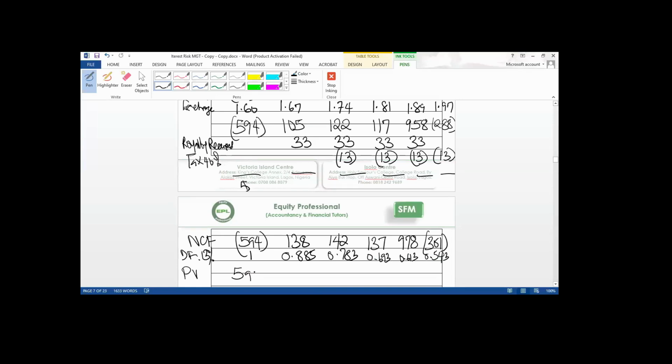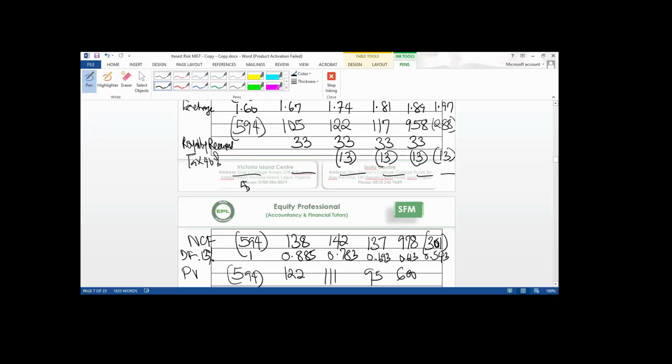Multiply by 5 for this negative. Yes, 122. 2, 111. 3, 95. 600. 196 negative.